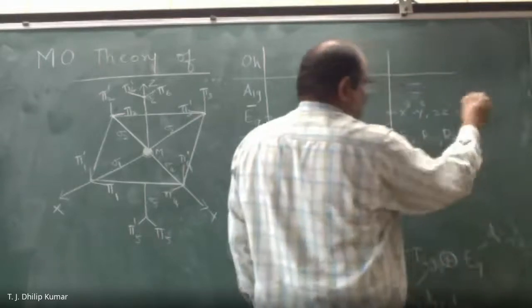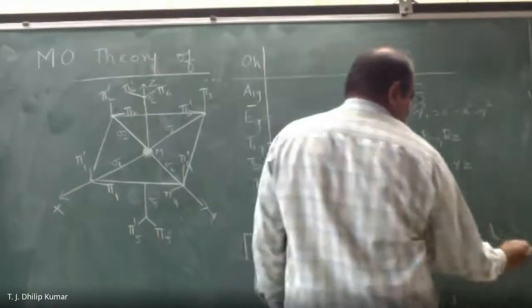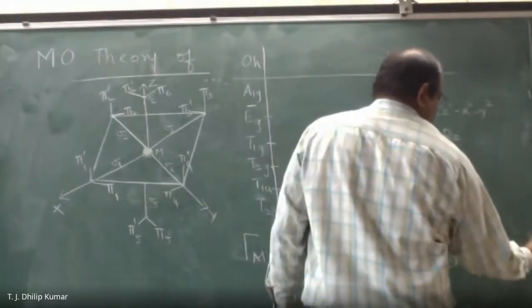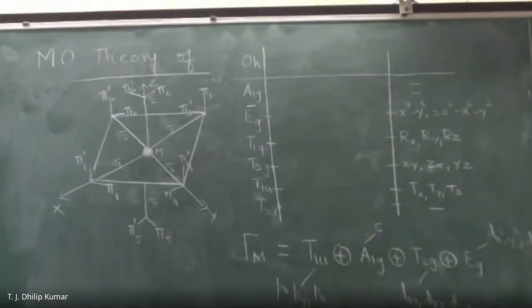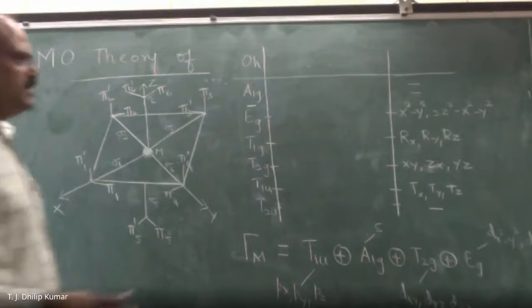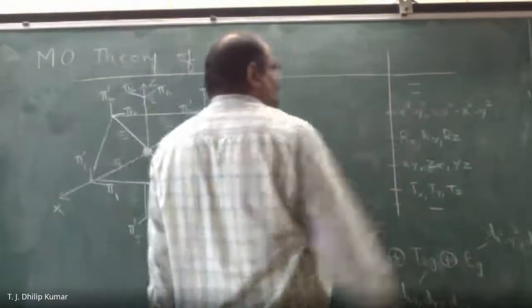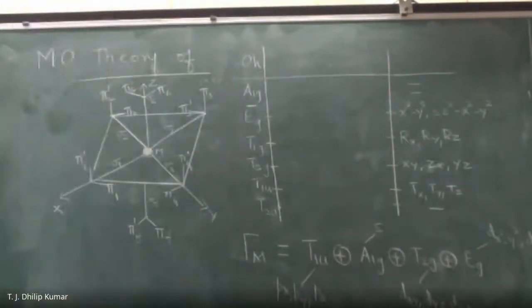It corresponds to, as you know, dx square minus y square. But group theory predicts it's a combination of all these things, while our chemistry says it is just dz square. From the picture we know it's dz square, but anyway group theory says it's a combination of these.